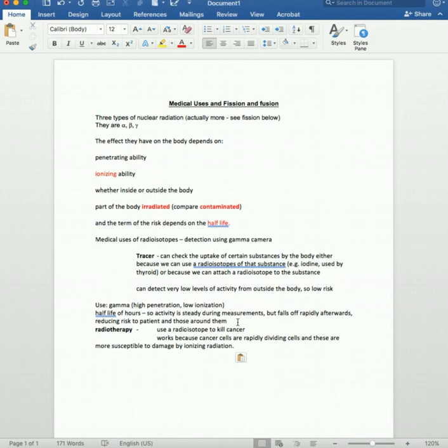So sex cells, sperm cells are particularly susceptible, as are hair cells. So rapidly dividing cells are more easily damaged and killed than non-rapidly dividing cells, and so you can kill cancer cells more easily than you kill healthy cells. So let me show you a little bit about that.